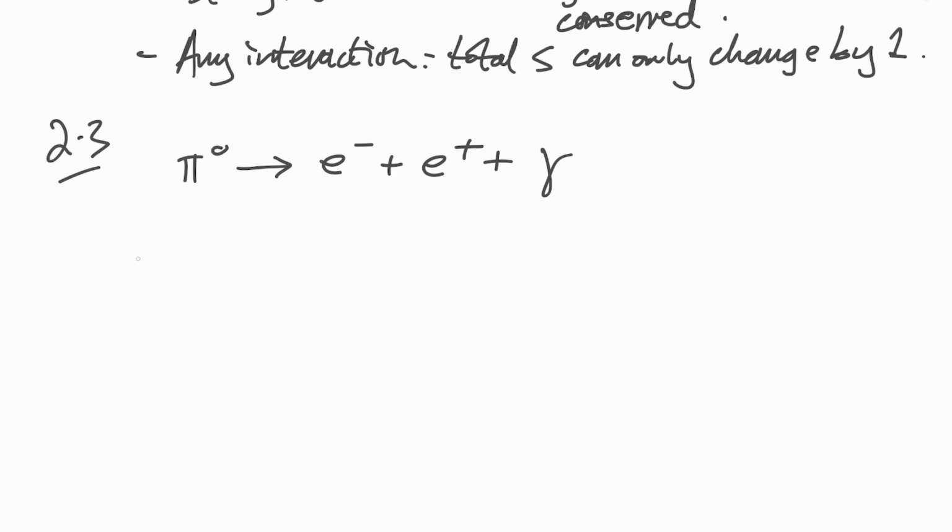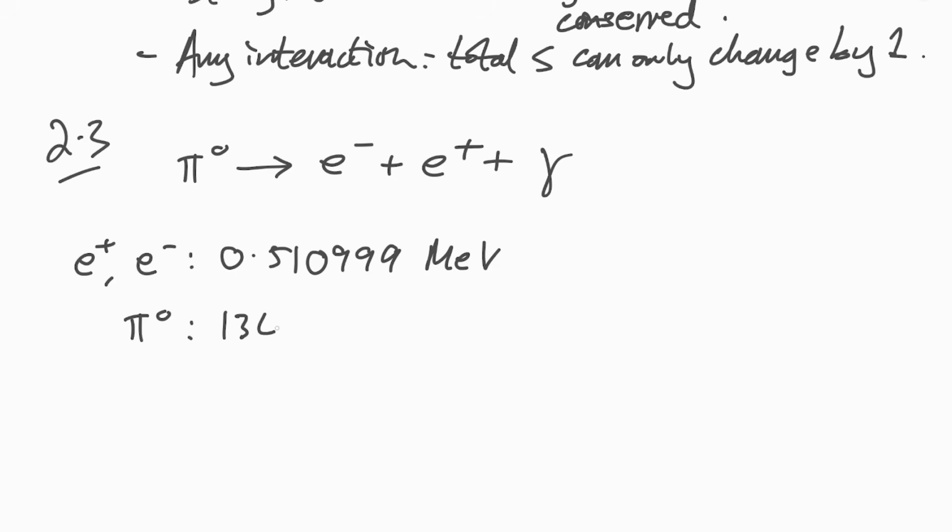So electron, that is how many mega electron volts? That's 0.510999 mega electron volts. It's going to be the same for the positron as well, because they're just antiparticles. Mass is going to be the same. And then our pi meson, it's a pi0. They're slightly different. I mean, it makes sense. 134.972 mega electron volts. Okay.